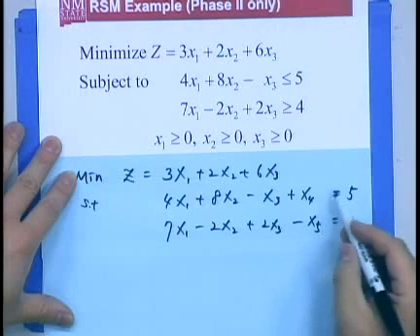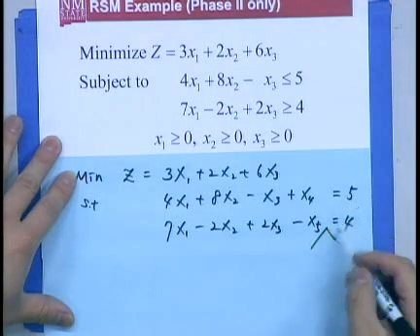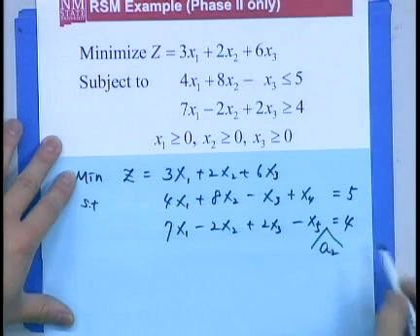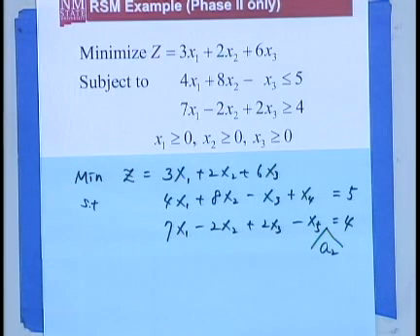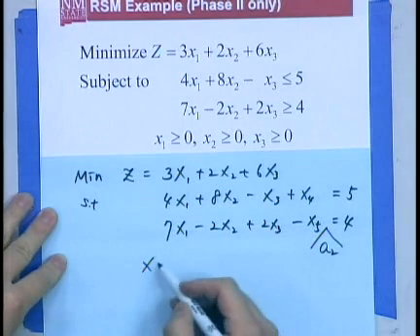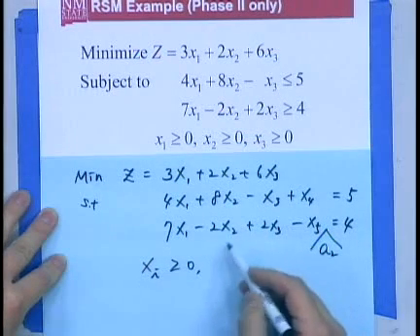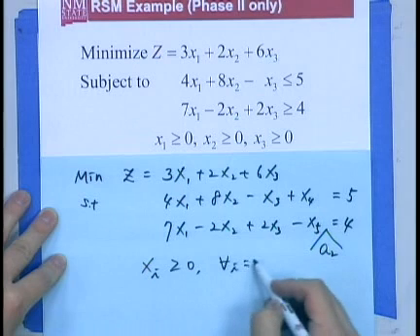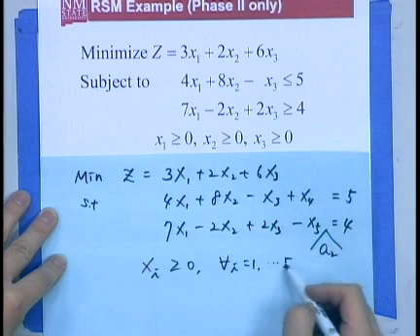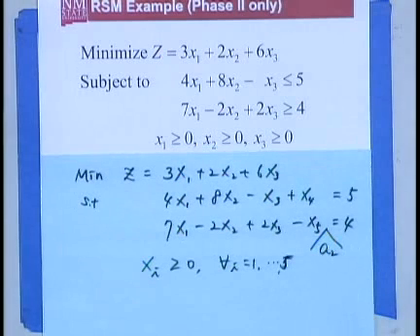And we need to add the artificial variable, right? And all the variables xi are greater than or equal to 0 for i equal to 1 through 5, right?